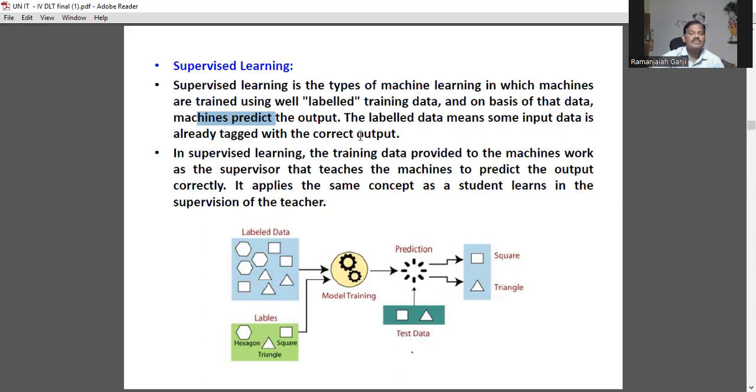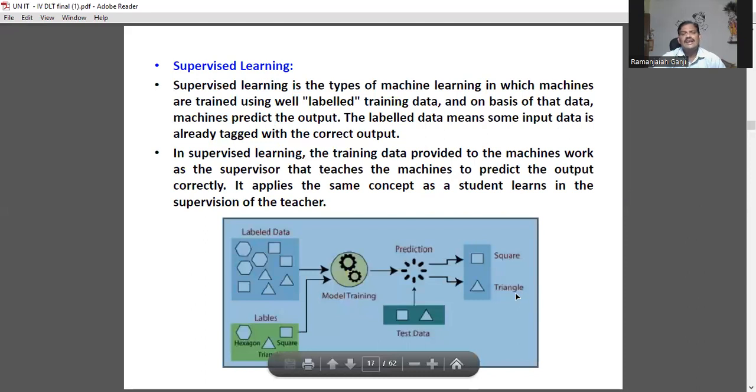See, this is labeled data, and the labels are hexagon, square, triangle. This is model training, and these are the predictions which produce the test data outcome. Here, this is the test data. Predictions will be square and triangle.